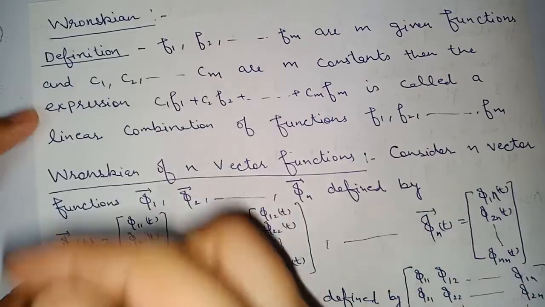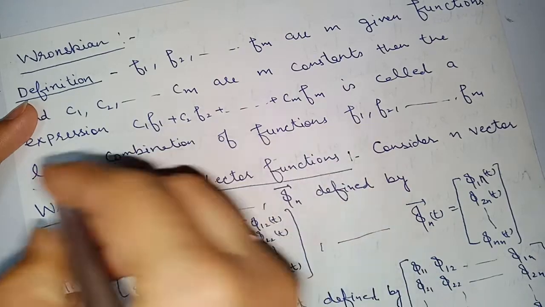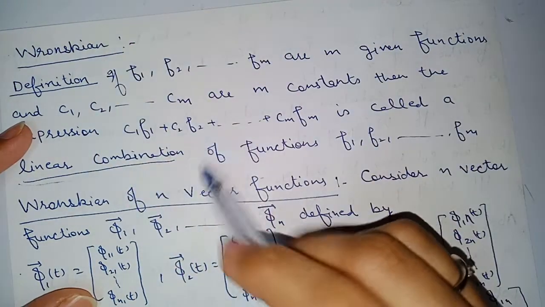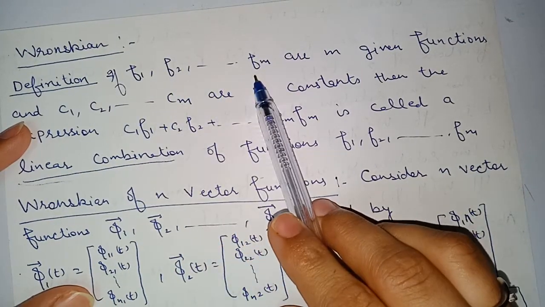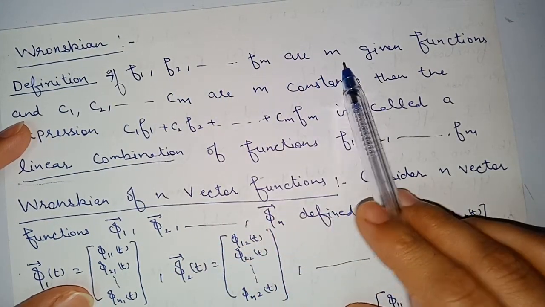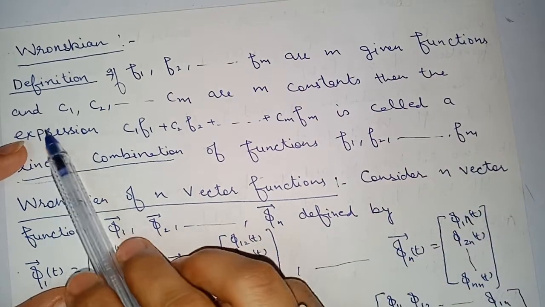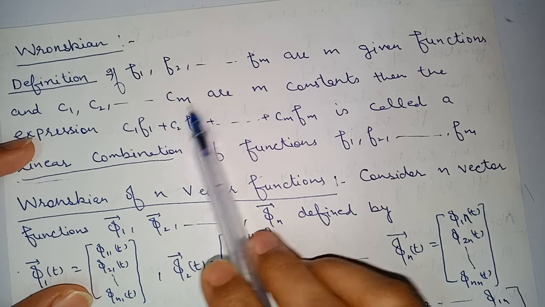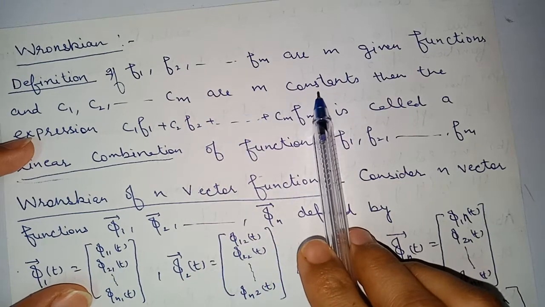First of all, we check what is linear combination. Definition: if f1, f2 up to so on, fm are m given functions and c1, c2 up to so on, cm are m constants.